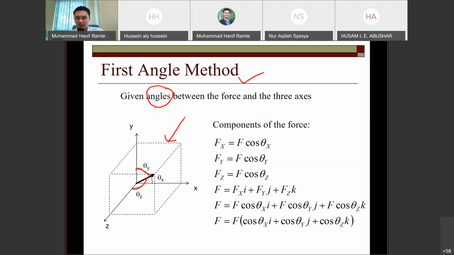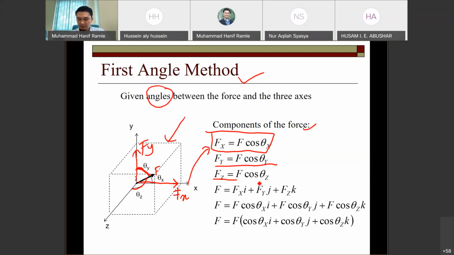For the components of force here, you can see Fx equals F cos theta x. Of course, if you want to resolve this force into the x component like this, Fx, you will have this one. Similarly for Fy, you have to use theta y to resolve into Fy here.